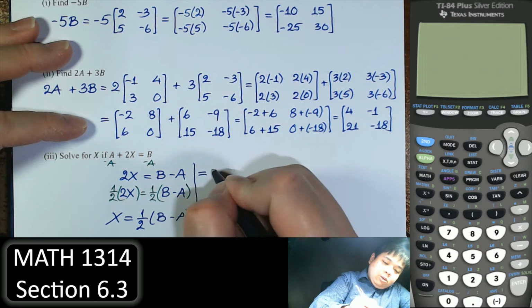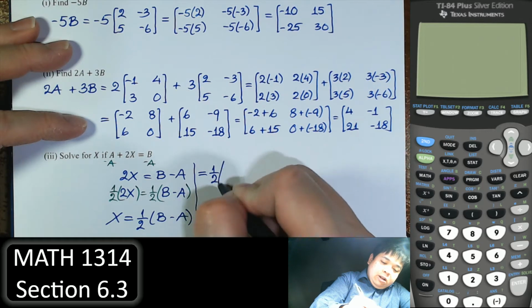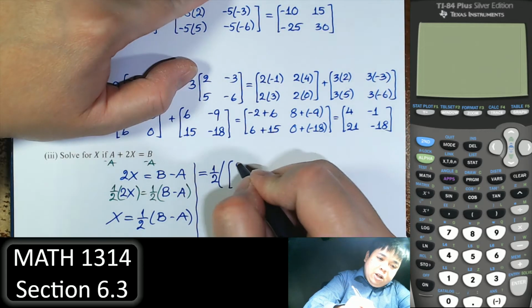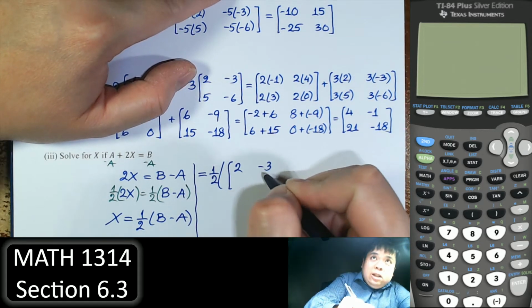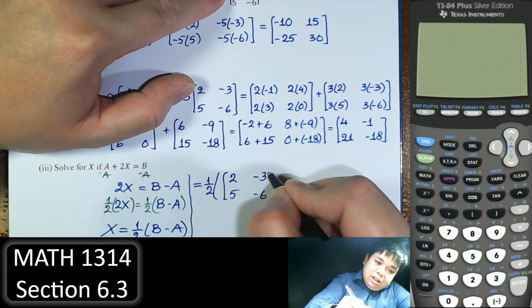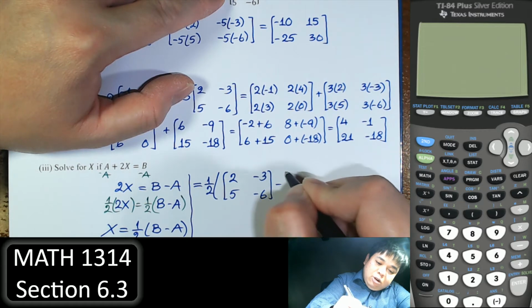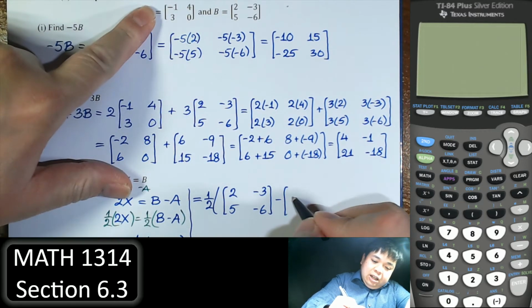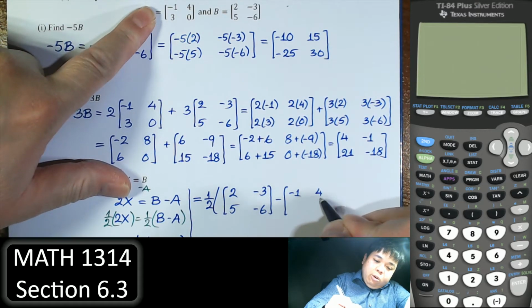So that's equal to 1/2 times the matrix B, 2, -3, 5, and -6, subtract A, -1, 4, 3, 0.